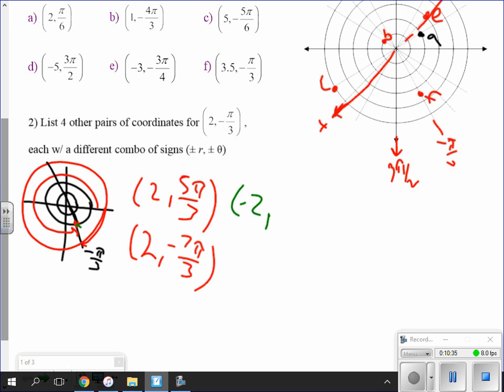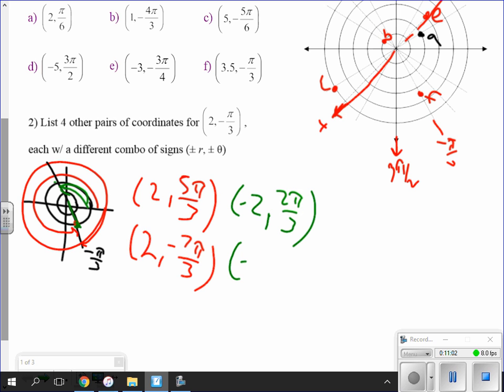That means instead of the angle I have here, I want to go with this angle up here. Which if I go positive, that would be, let's see, 1 pi over 3, 2 pi over 3. So I have -2, 2 pi over 3. Gives me the same place because I go around 2 pi over 3, and then I go 2 in the negative direction from the center.